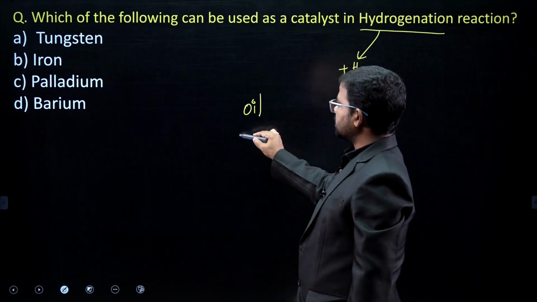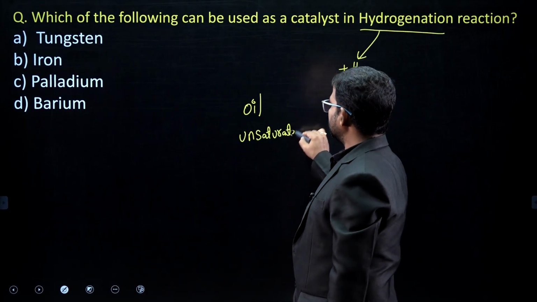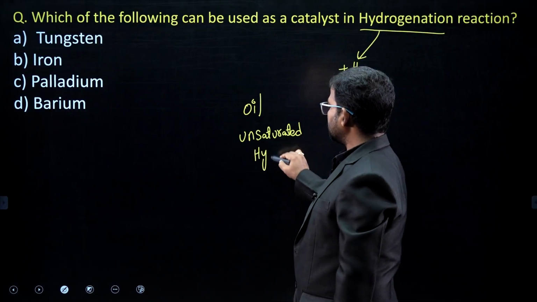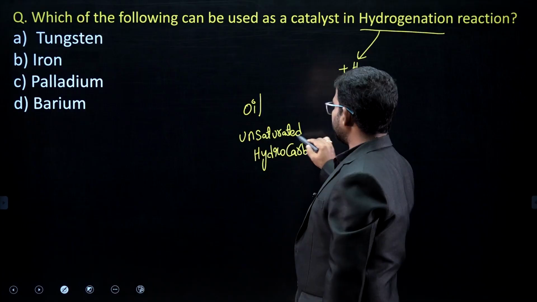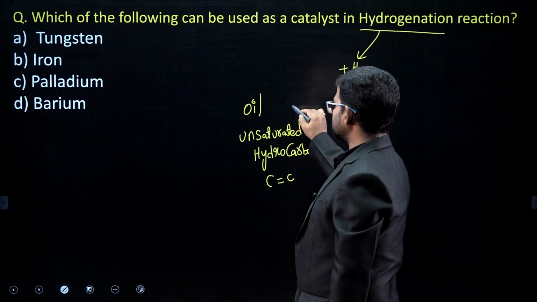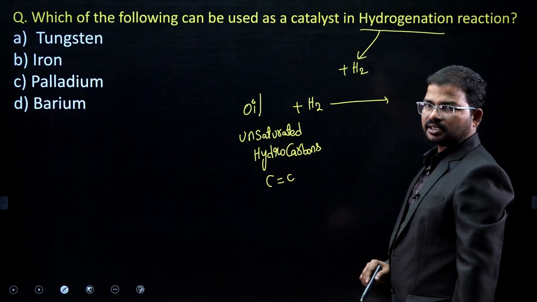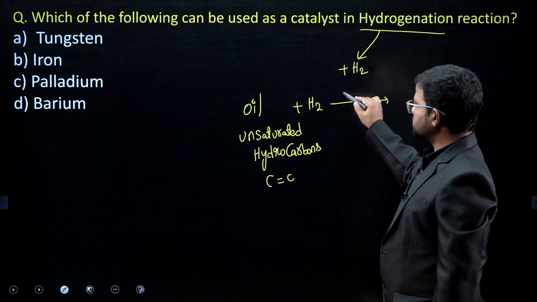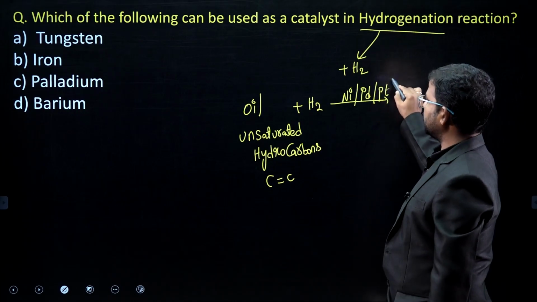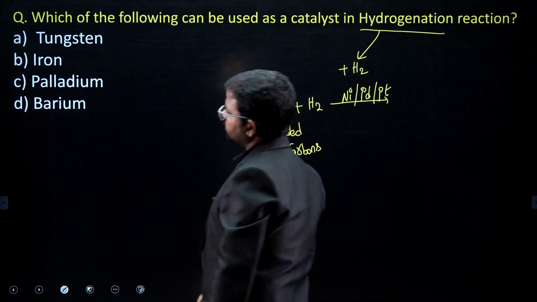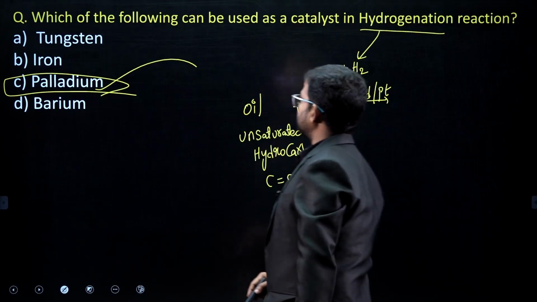Oil has unsaturated hydrocarbons, meaning C double bond C. When we add hydrogen gas in presence of nickel or palladium or platinum, these are the catalysts. That's why they mentioned palladium. Option C is the only right answer.